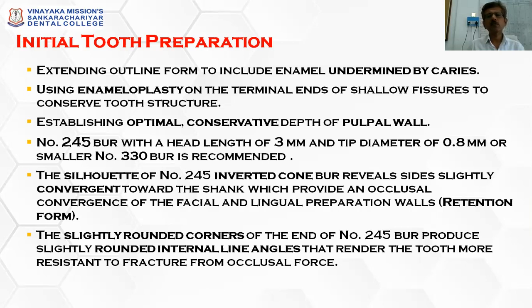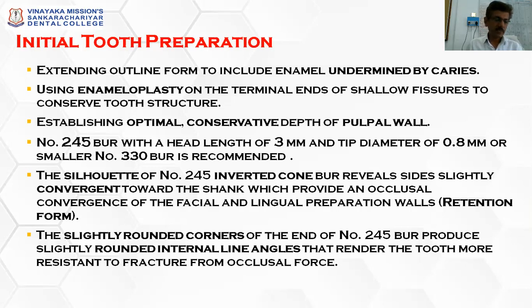That is extending the outline form to include enamel undermined by caries, using enameloplasty on the terminal ends of shallow fissures, and conserving the tooth structure as much as possible, establishing optimal conservative depth of the pulpal wall, using a 245 fiber that has a head length of 3 millimeter and a tip diameter of 0.8, or a smaller number 330 bur is recommended.